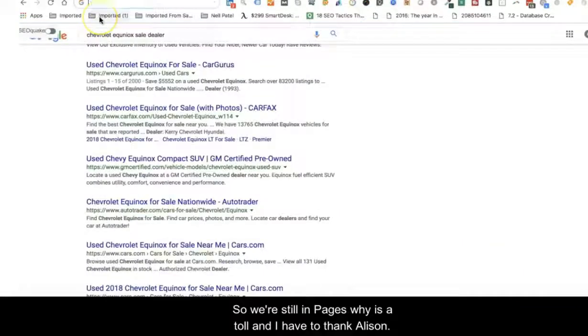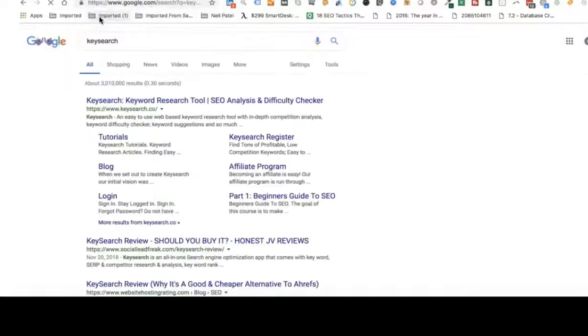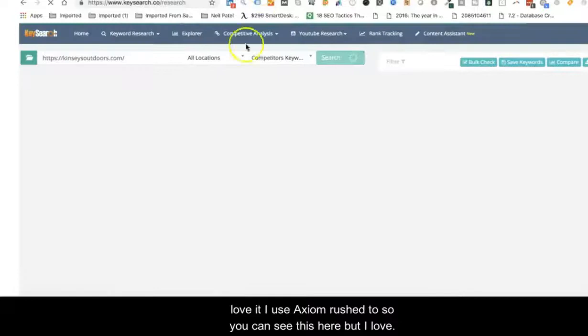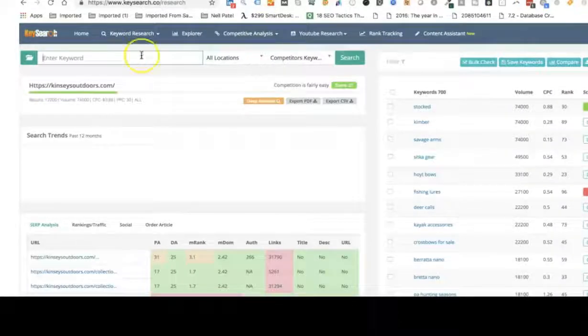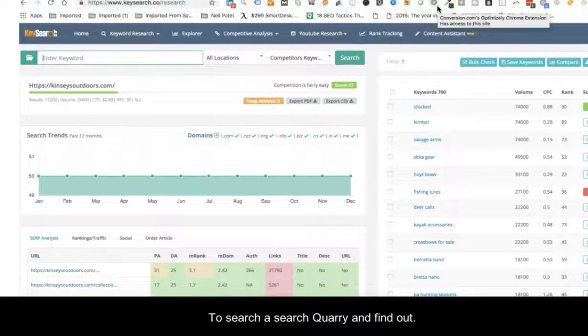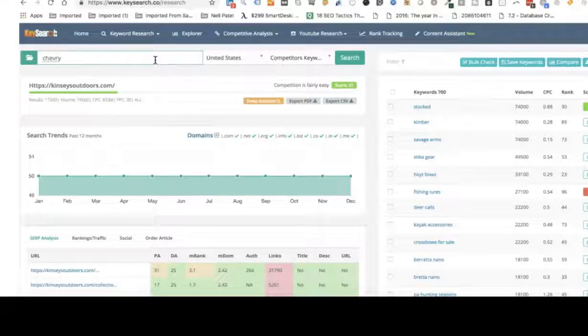This is a tool, and I have to thank Allison Taylor for this tool because I got a subscription. It's $14 a month and I love it. I use SEMrush too, so you can see this here, but I love being able to search a search query and find out how much traffic it's getting.